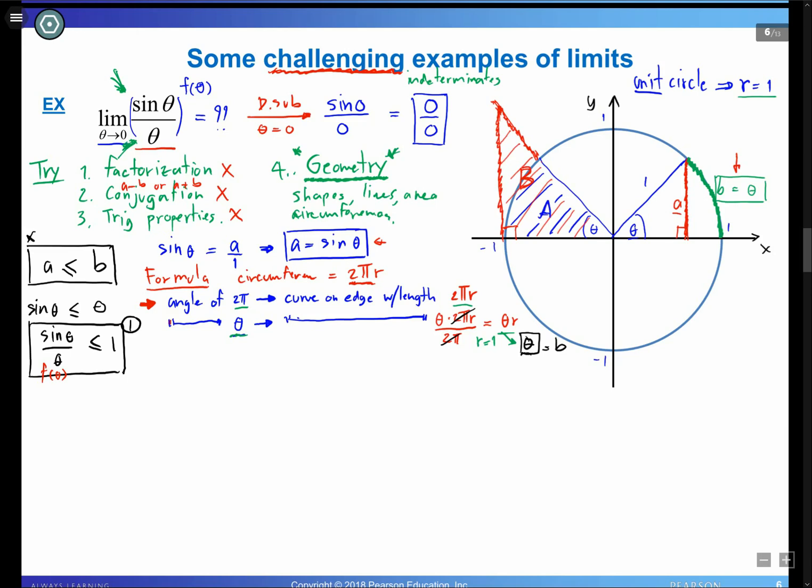So what we know from this for sure is that the area of the extended piece, big B, is going to be larger than the area of the slice of the pizza, area of big A. So we have this inequality, another one.